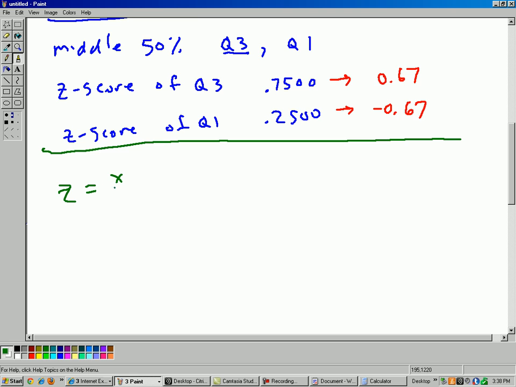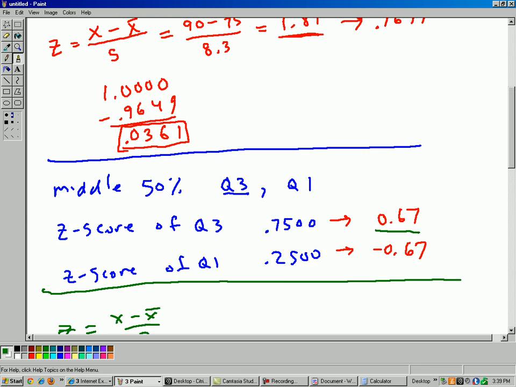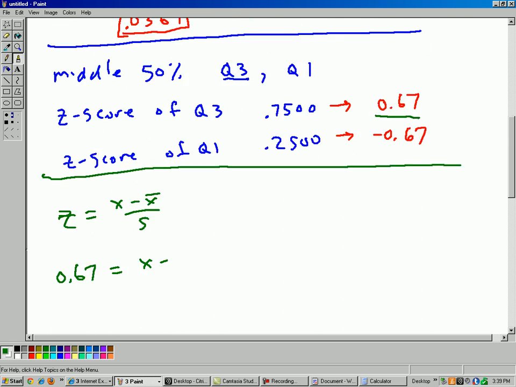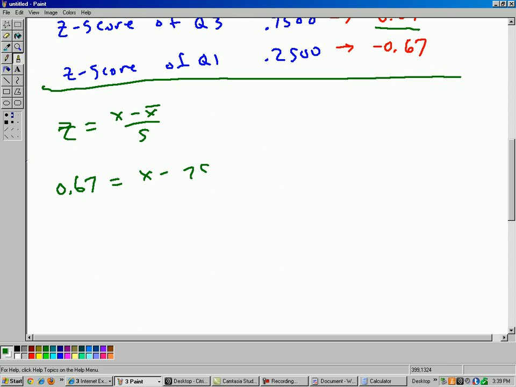z equals x minus x bar over s. So in this case, we know z. We know mean, we know standard deviation. We just don't know the x right there. So let's start with the third quartile. So 0.67 equals x minus the mean, which was, what was the mean here? 75, divided by 8.3.